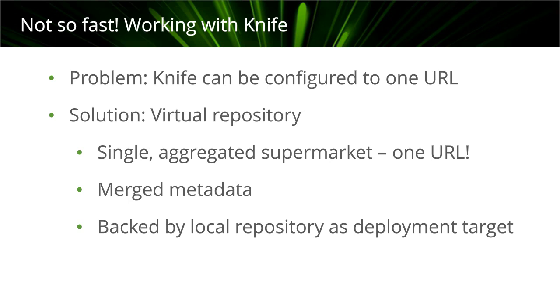So from the client perspective, from a Knife perspective, it will be just one supermarket with all the content that we need. And it's also backed by a local repository, which means that when we publish a cookbook into this virtual repository, it will get into the right local repository of our choice. So this is how we overcome this limitation of having a single URL in Knife configuration.